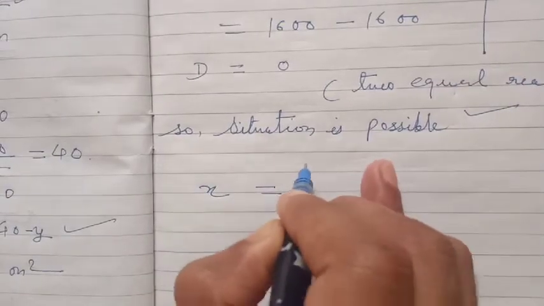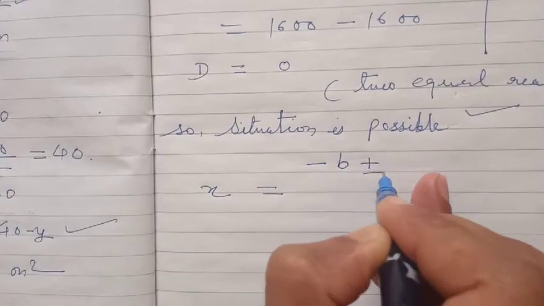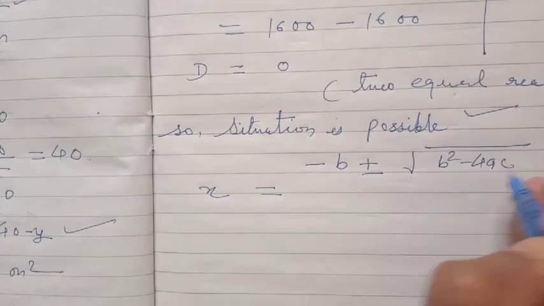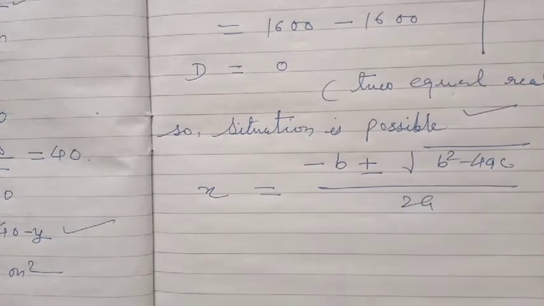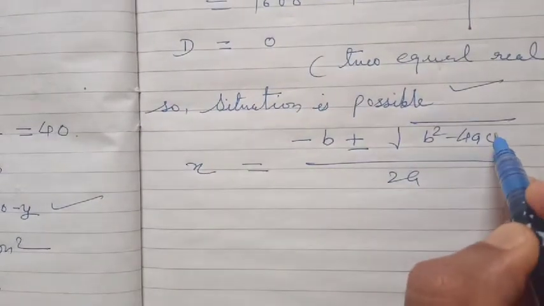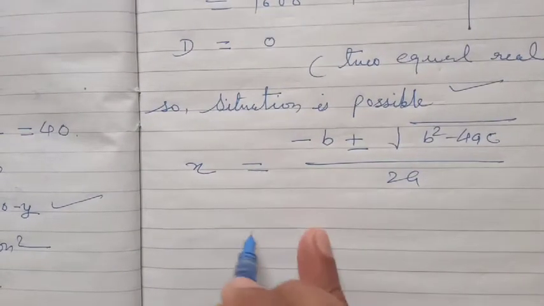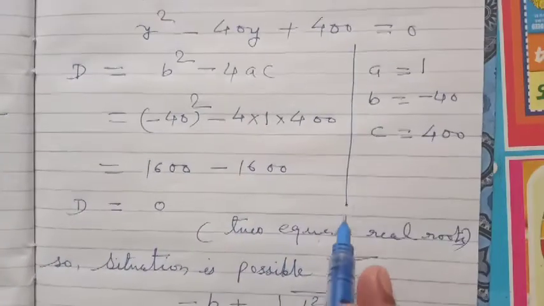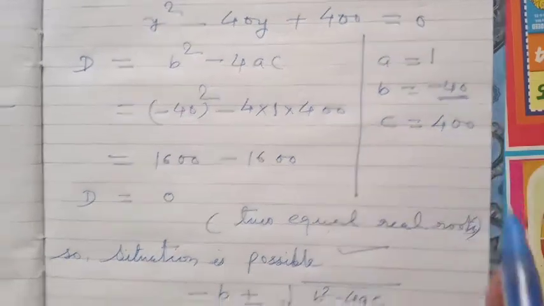x is equal to minus b plus minus root b square minus 4ac upon 2a. Why is it easy? Because b square minus 4ac we already got here. Okay, so x is equal to minus b, the value of b here is minus 40.